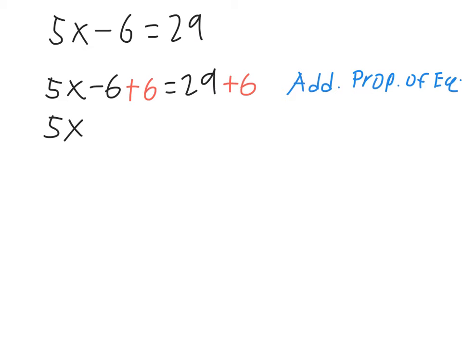Some people like to just throw a little slash in there to show that they're gone. We're not using them anymore because we undid that, so they both cancel each other out. Then we have the equal sign and 29 plus 6. 29 plus 6 is 35.